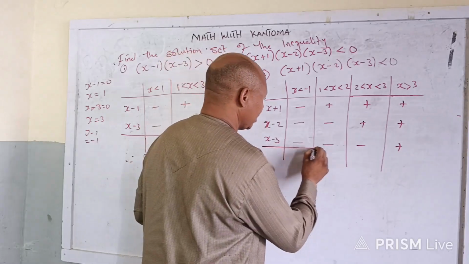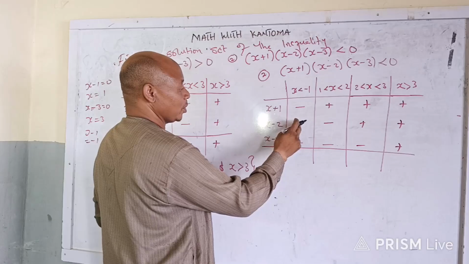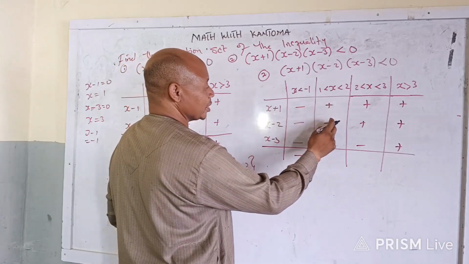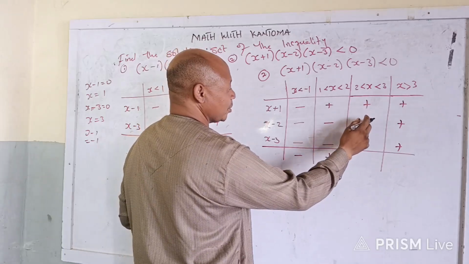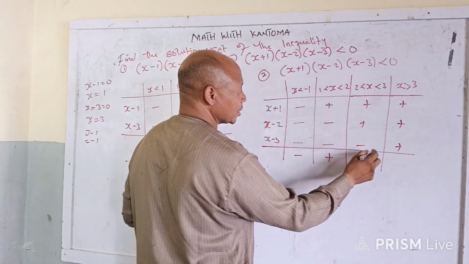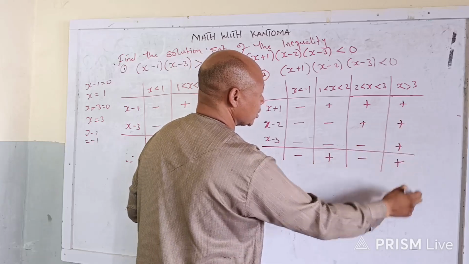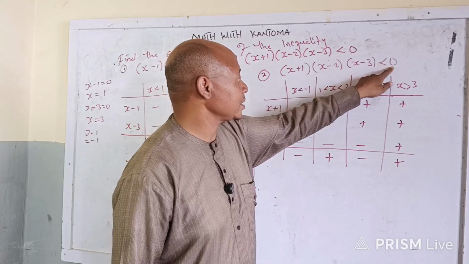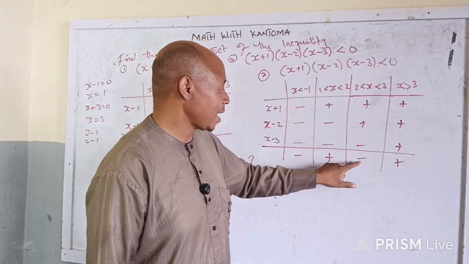So now on this scale, we are going to take the product. Minus times minus is plus. Plus times minus is minus. Plus times minus is minus. Minus times minus is plus. Plus times plus is plus. Plus times minus is minus. Plus times plus is plus. Plus times plus is also plus. But the inequality says this value is less than 0, meaning a negative value. So now the negative values are this and this.